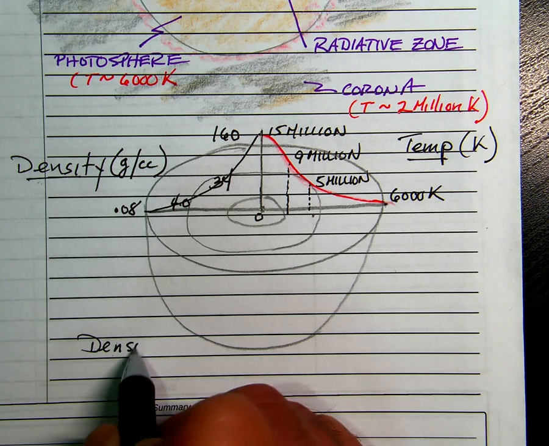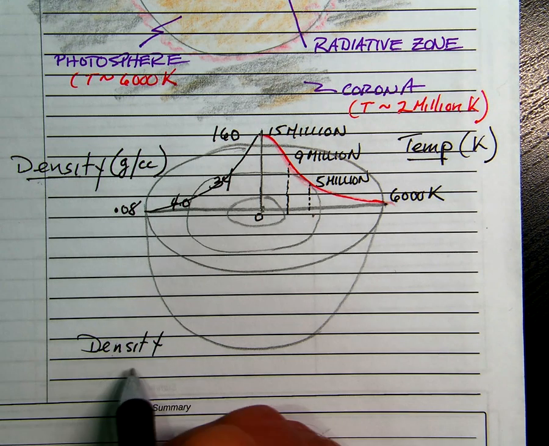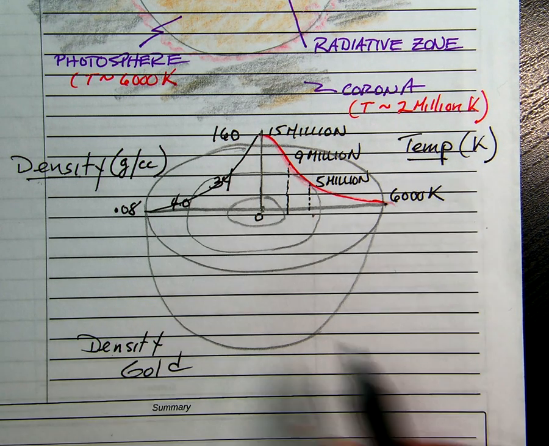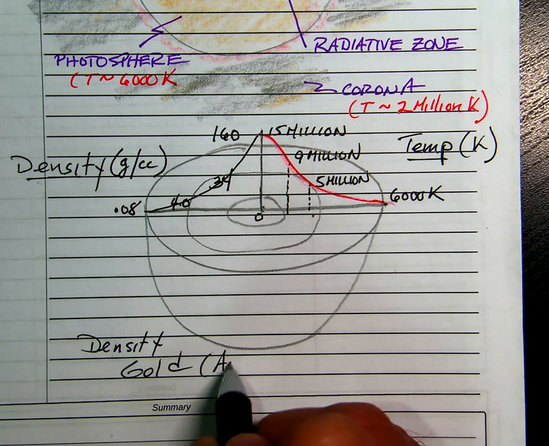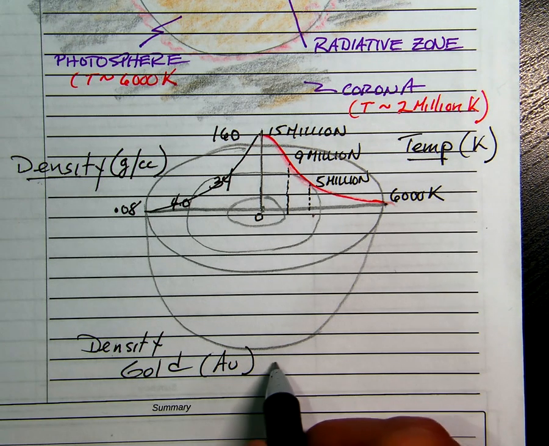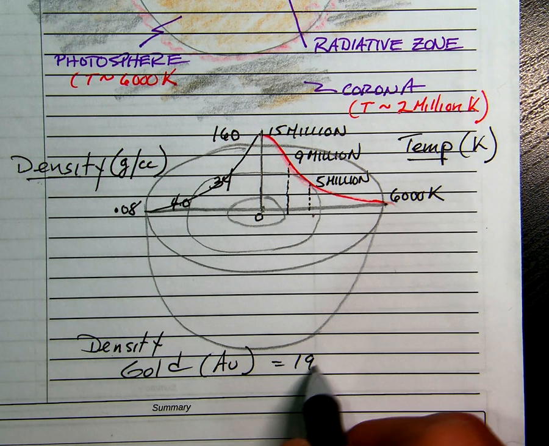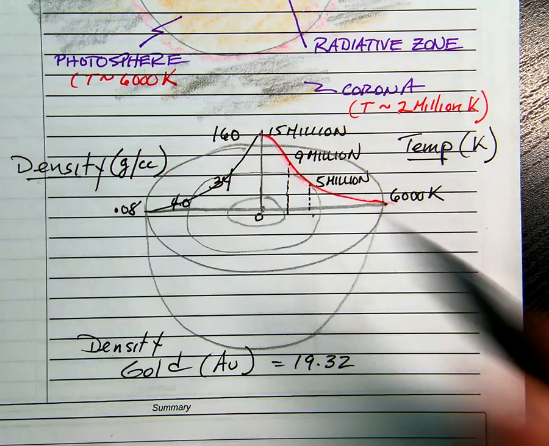Density of gold, which is pretty heavy, Au, is approximately 19.32 grams per cc.